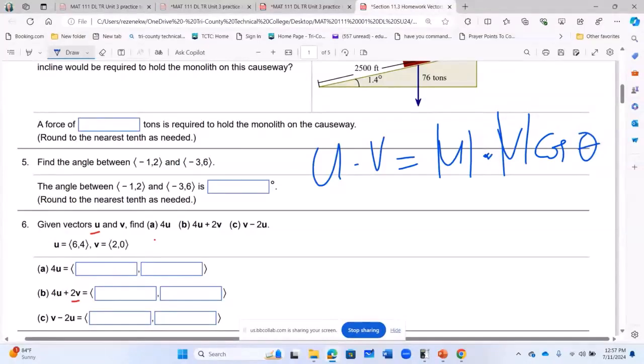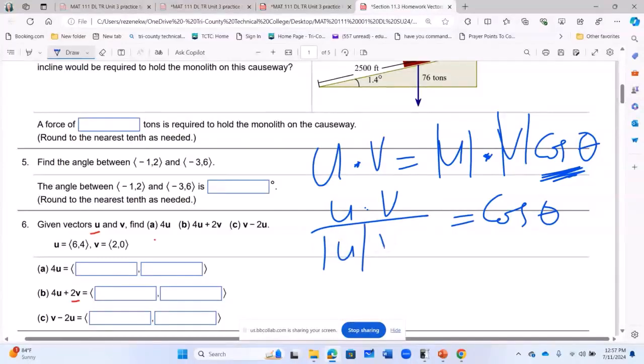That is the definition of the dot product anyway. But when you're told to find the angle between two vectors, you solve for cosine theta. So cosine theta equals u dot v divided by the magnitude of u times the magnitude of v.